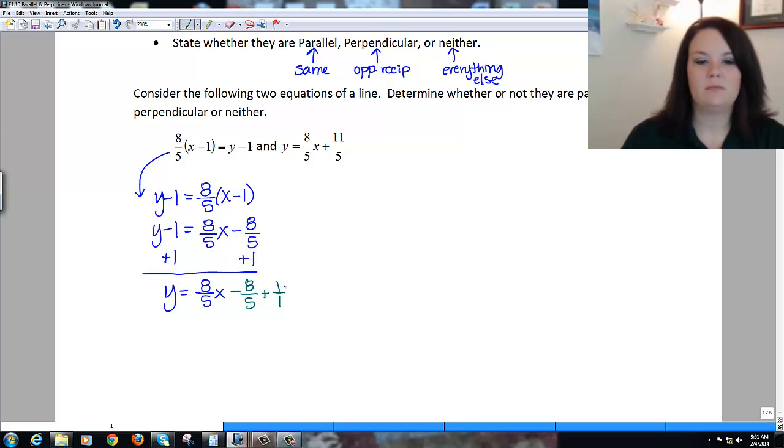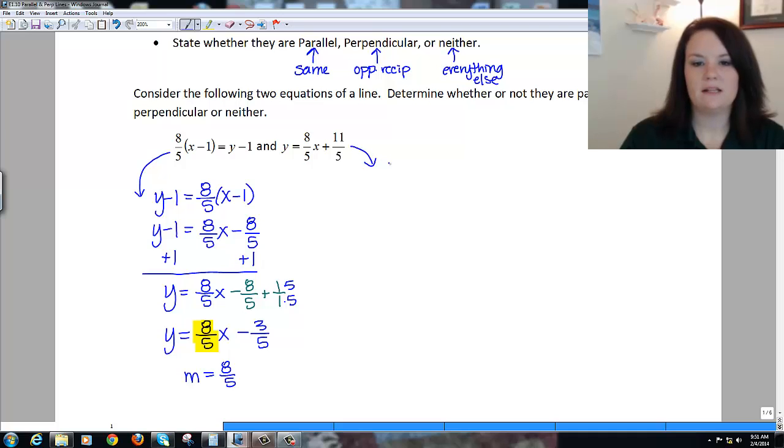And my common denominator would be 5. So if I multiply by 5 on top and bottom, I get y is equal to 8/5 x minus 3/5 when I combine those. Okay, so notice the whole reason I did that was just to figure out what this slope is. And if I look at the coefficient of my x term, the slope of this line is 8/5.